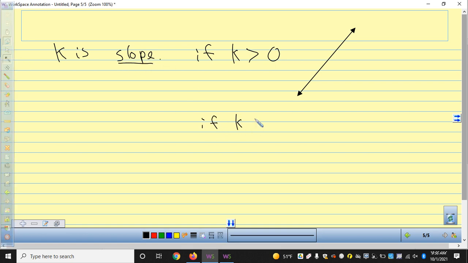If k is less than 0, if k is negative, our graph is going to go downhill. When our slope is positive, our graph goes uphill from left to right. And when the slope is negative, our graph goes downhill from left to right. So just whether or not k is positive or negative gives you some information about the problem.